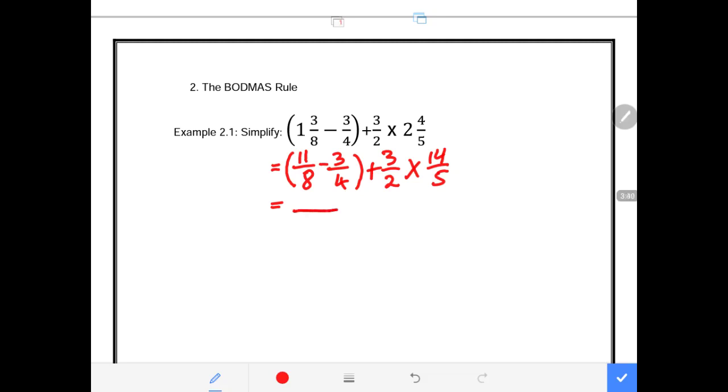Stage number 2, we still need to remove our brackets. Now, if we have a fraction minus a fraction, we need to look for the lowest common denominator. They call it the lowest common multiple. That means a number where 4 fits and leaves no remainder, and where 8 fits and leaves no remainder.